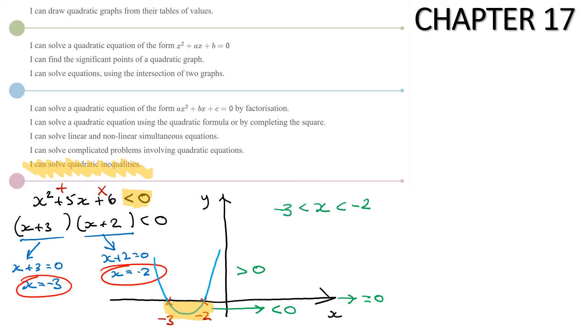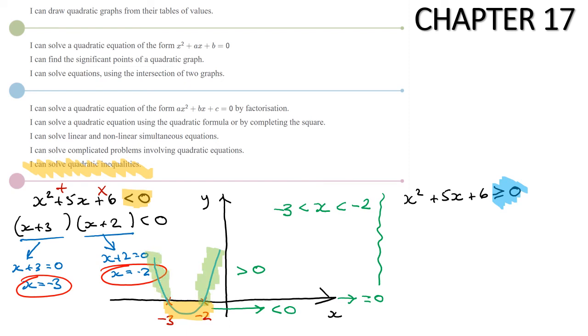It's between those points. Now if instead our equation was x squared plus 5x plus 6 was, let's say, greater than or equal to 0. Now when is this graph greater than or equal to 0? Well, it's greater than or equal to 0 at these points here, the ones that I'm just shading in green.